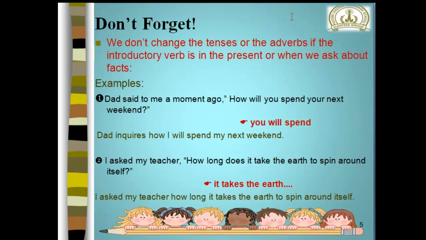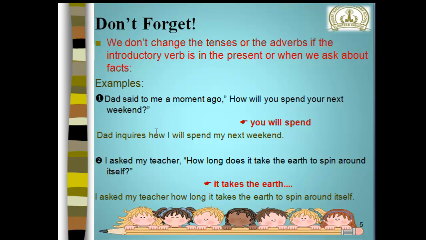Don't forget, we don't change the tenses or the adverbs if the introductory verb is in the present or when we ask about facts. For example, Dad said to me a moment ago, "How will you spend your next weekend?" Dad inquires, because a moment ago is present. This is up-to-date reporting.